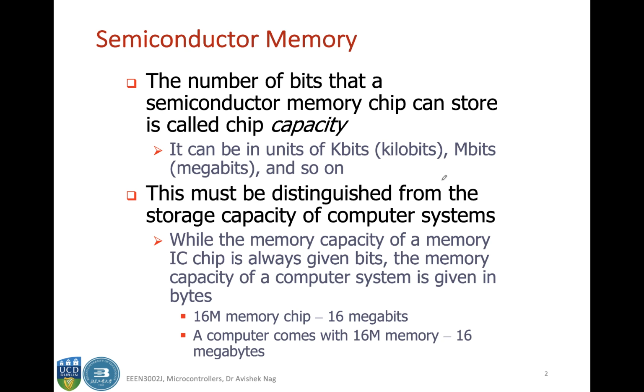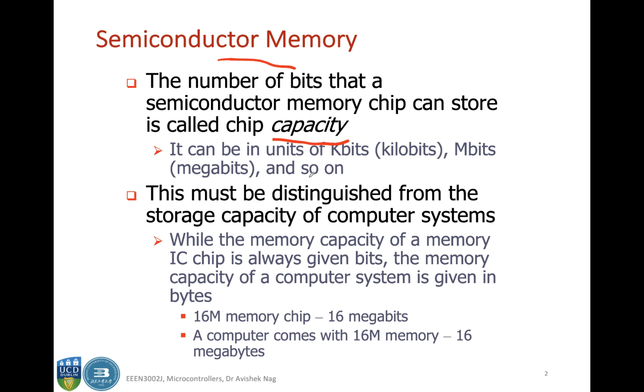Let's first look into different types of memory that you can have, and the first one is the semiconductor memory. Here the number of bits that a semiconductor memory chip can store is called its capacity.